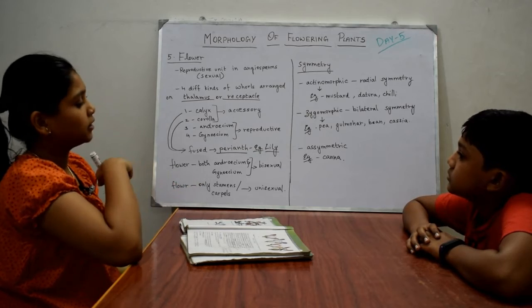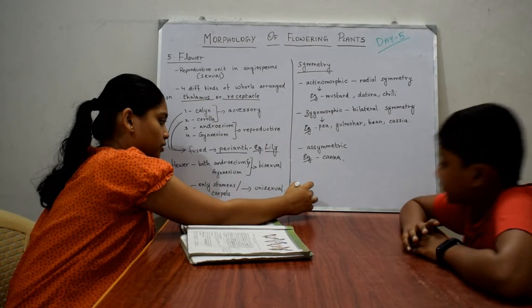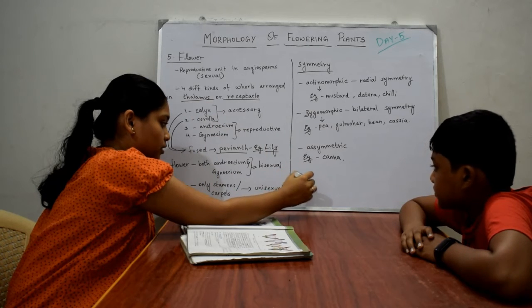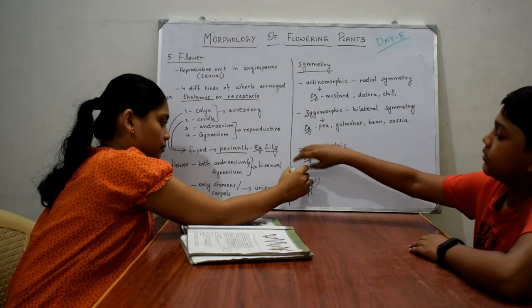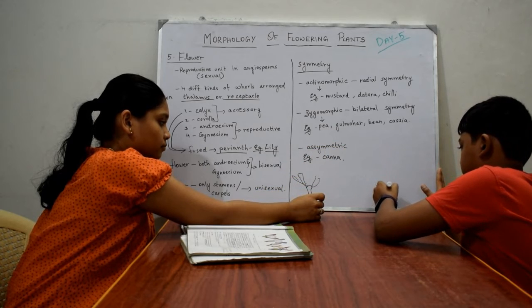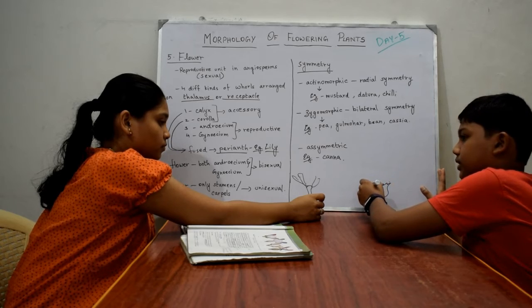So thalamus is the cap-like bottom. This is thalamus, and if these are petals, here only petals will be arranged.